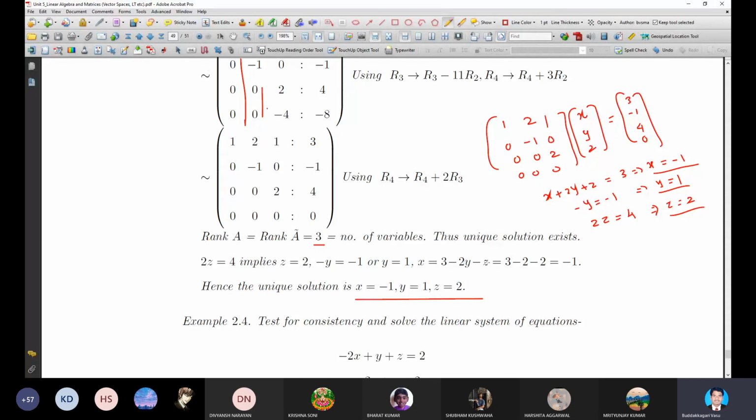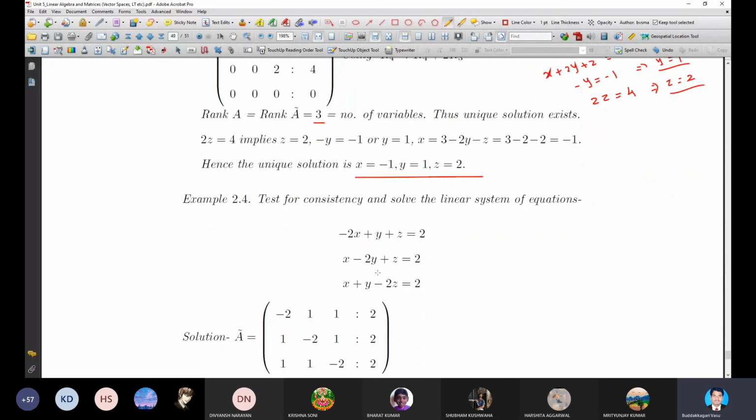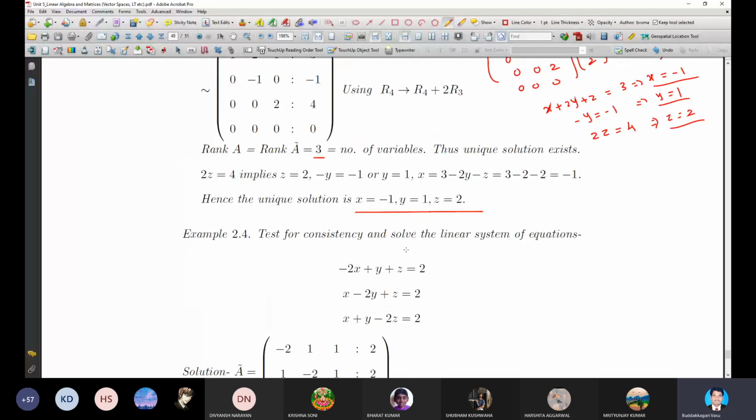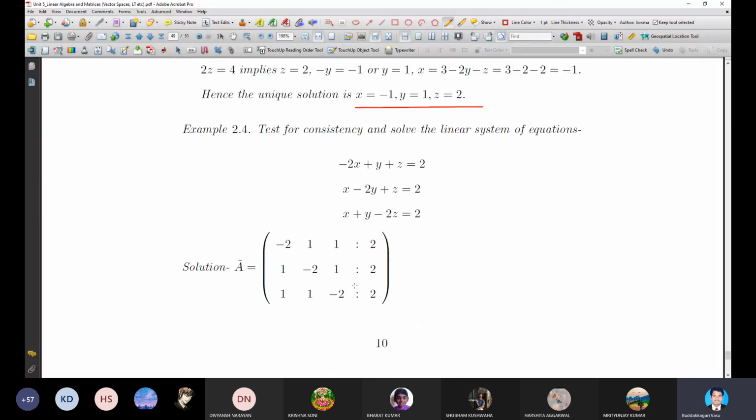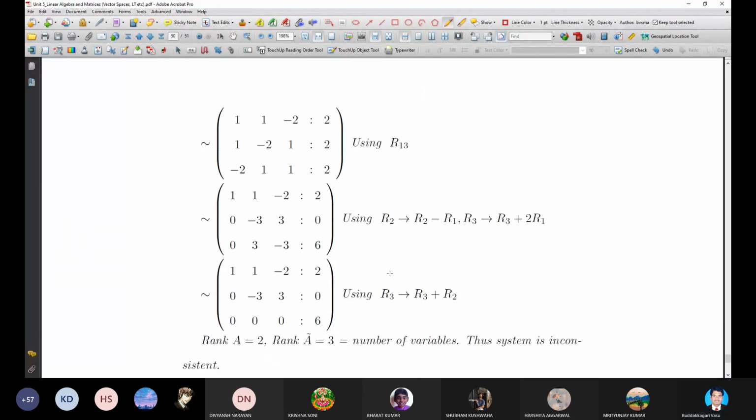Next, first test the consistency and solve the linear system. Here, write the system in matrix form, write the augmented matrix, and reduce it into row echelon form by performing only row operations. Once in row echelon form, you see the rank of the augmented matrix is 3, because there are 3 non-zero rows.